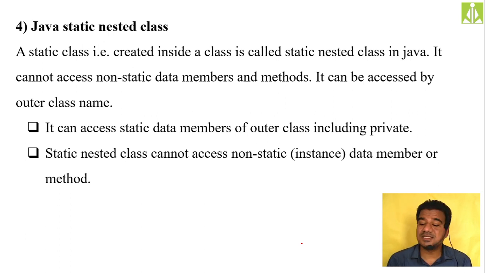So inside the static context, what we can't do is access the non-static content. Whether it is a method or a variable, we cannot access the non-static content within the static context. Remember this one. It is very, very important, so I will write it over here. Non-static content, I'm saying content.